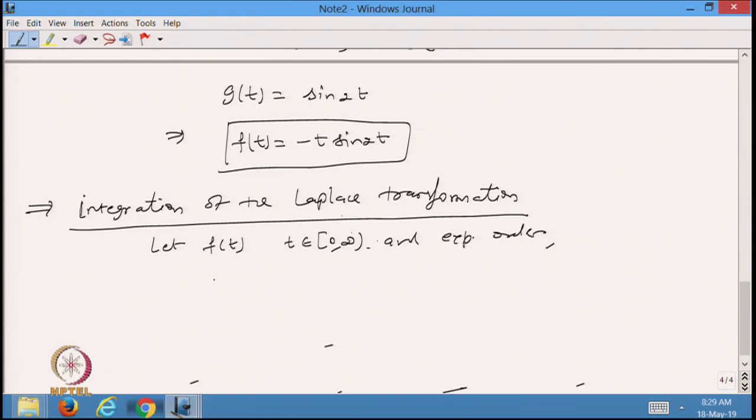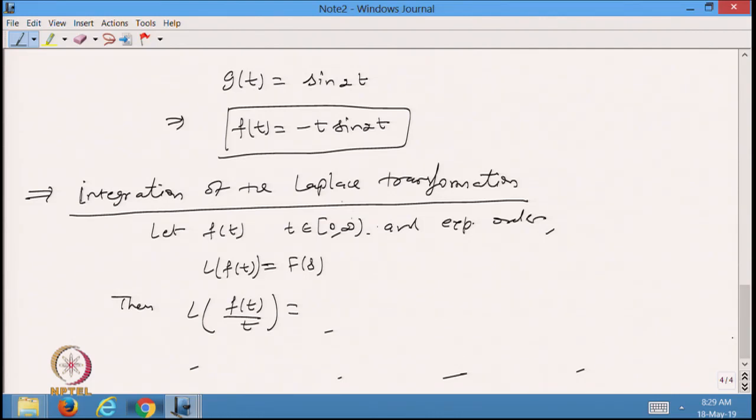Then I know that let L of f(t) be equal to F(s). So, I have the function f(t) is piecewise continuous for t belongs to this and of exponential order, and such that Laplace of f(t) is F(s), then Laplace of f(t) by t.